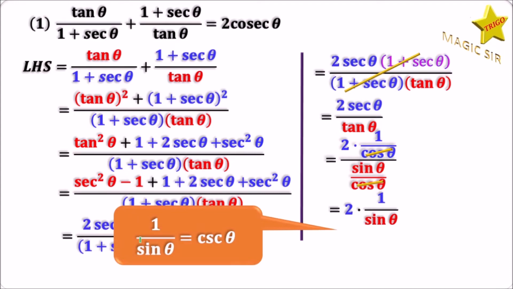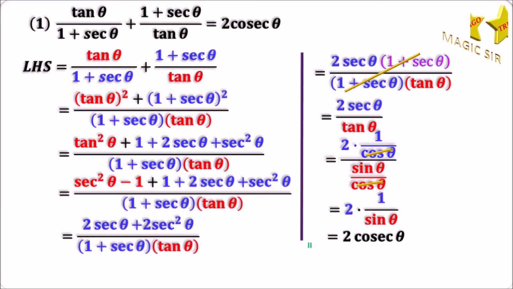Again, we know that 1 upon sin theta equal to cosec theta. CSC theta means cosec theta. Therefore, LHS is equal to twice cosec theta. Hence, we have verified the given identity.